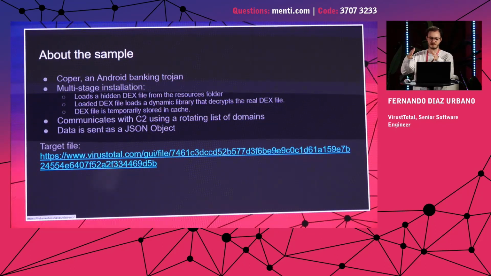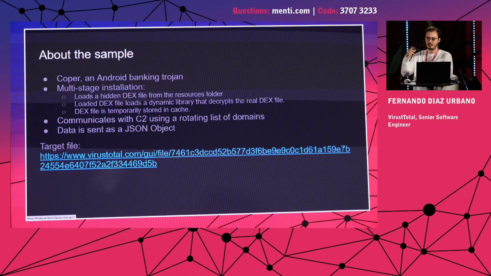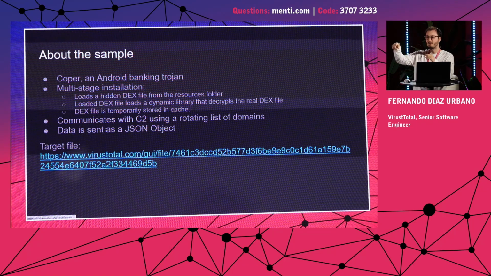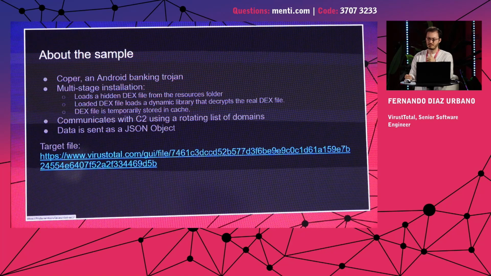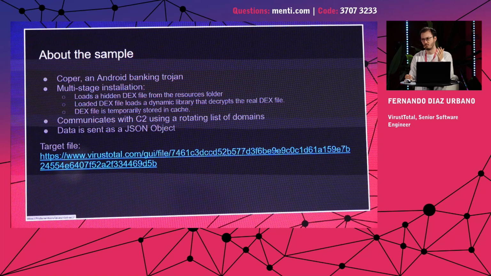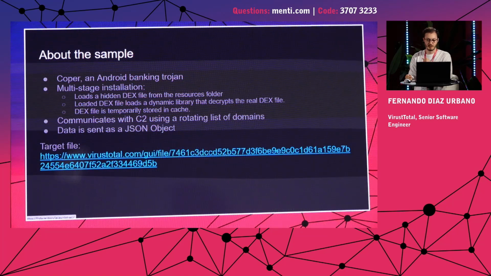Once you execute this application file, it loads a hidden index file, which is hidden in the resources section, which then loads another library. That library is the one in charge of decrypting the real payload. Then another payload is stored in the cache. This sample does not actually delete the cache, so we have that advantage, but we could solve it.